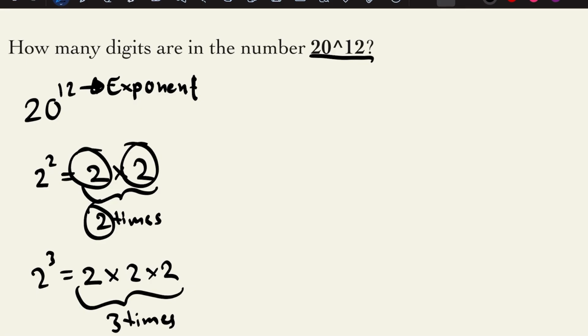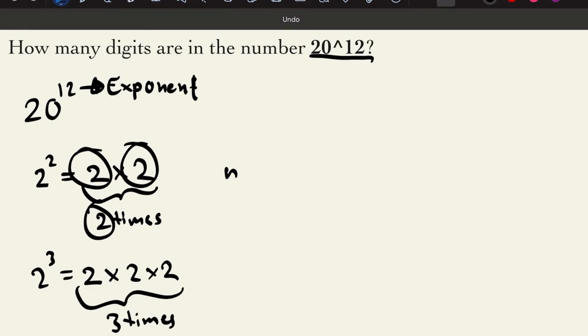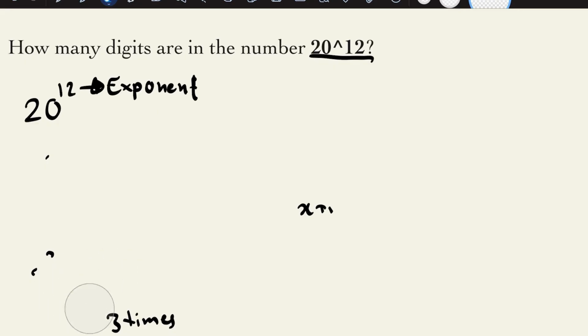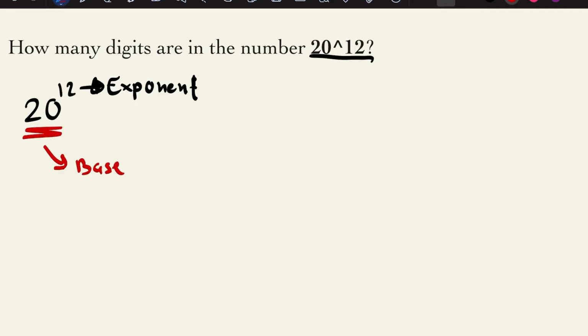But if we had a number like n to the power of x, then this would mean that I multiply n by itself x times. So that's basically what exponents are. Something else that we might want to note is that this number over here, which is 20, is called the base.